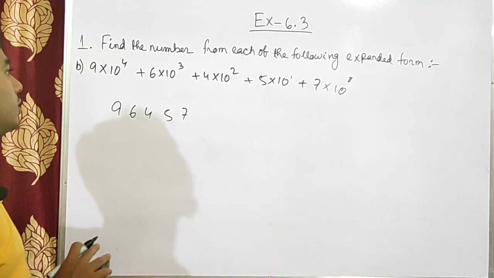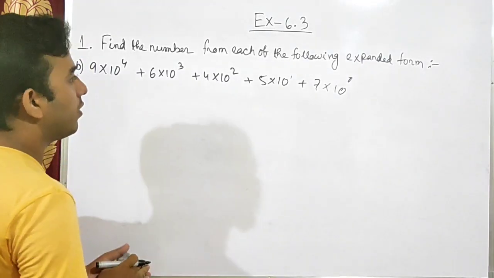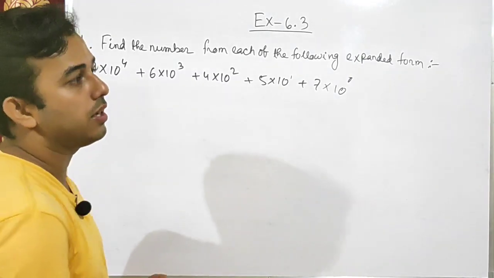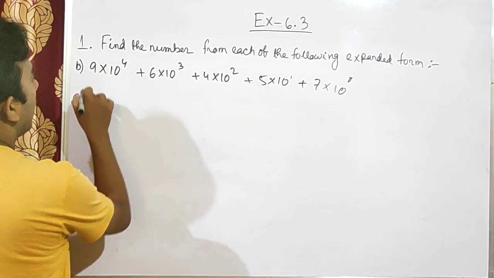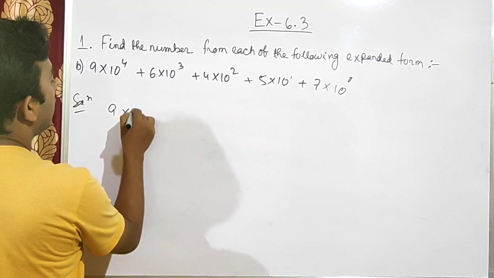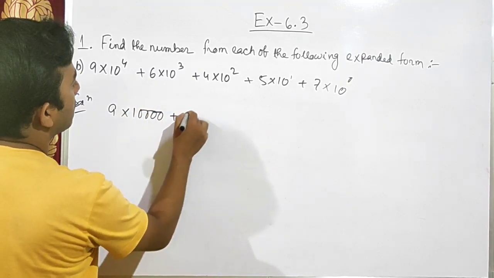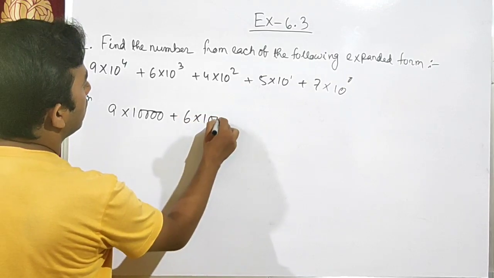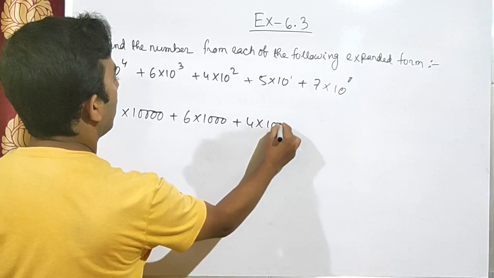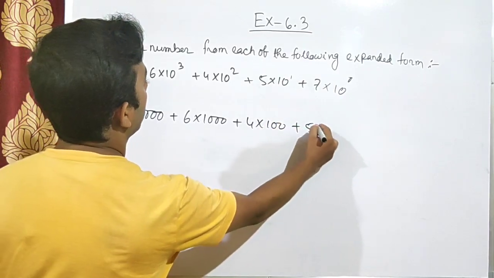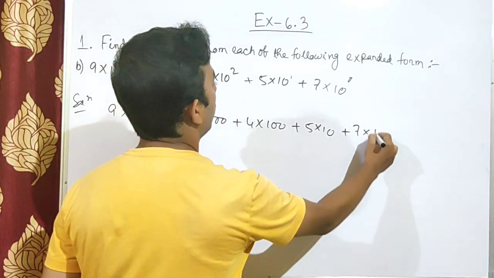Now if you didn't understand it clearly, first let us understand it again, and then we can write. I hope you can write the answer directly. So here, 9 into 10 to the power 4 means 9 into 10000, then plus 6 into 1000, then 4 into 100, then 5 into 10, then 7 into 1.